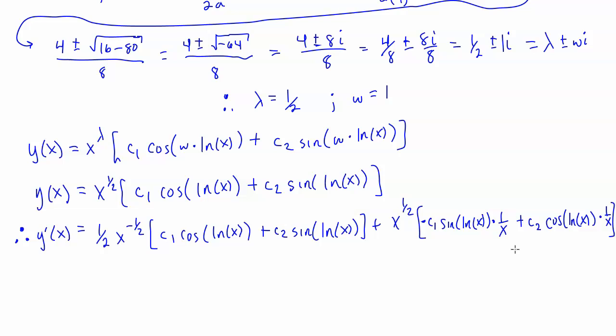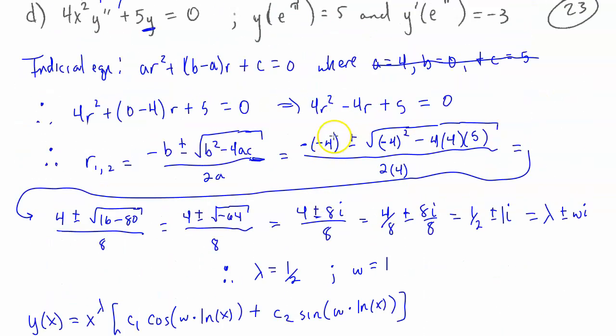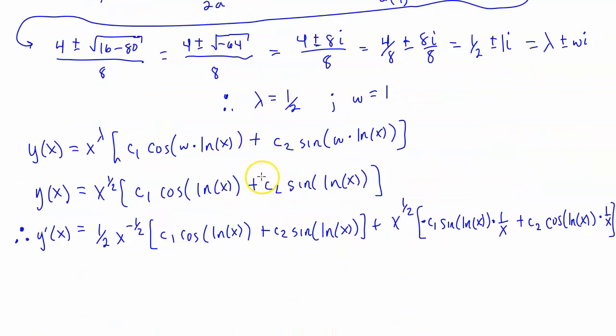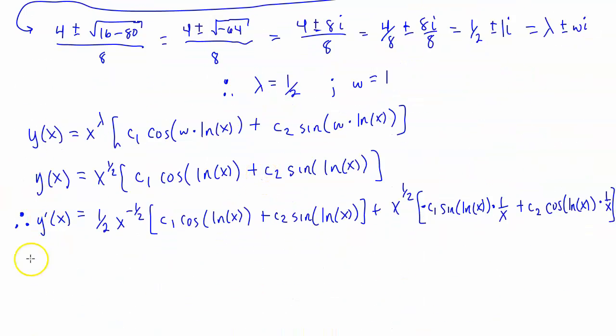We'll just leave it as is and just plug in what we need. So we need to apply our first initial condition. The first initial condition is that y of e raised to the pi is equal to 5. So here, first initial condition.